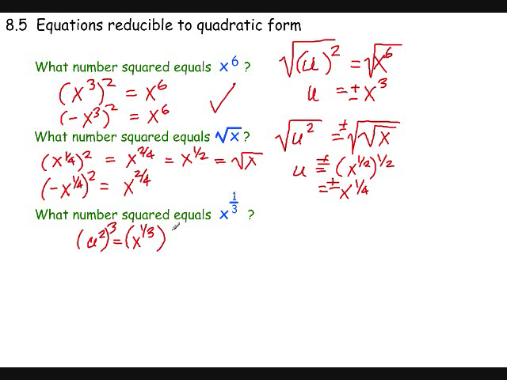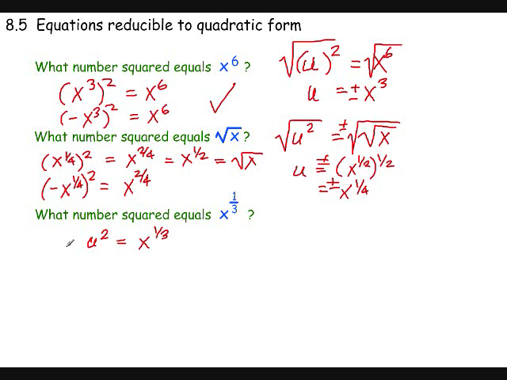Well, no, we're not. We're going to raise to the power of 3. No! Wait, what am I thinking? You know what I was doing? I was trying to solve for x. That's not what we want to do. I want to remember that right now I'm solving for u.